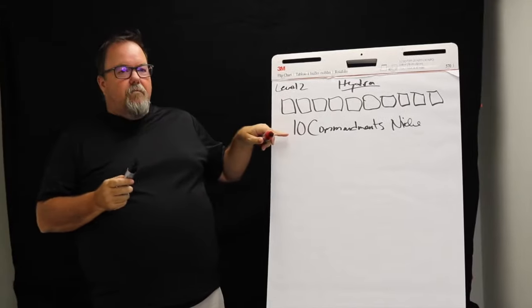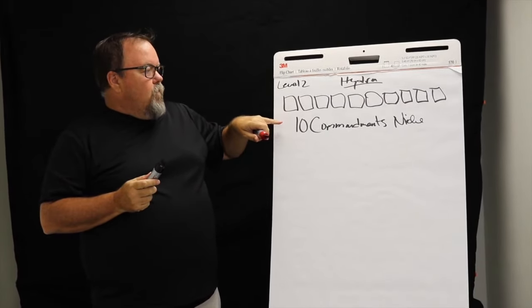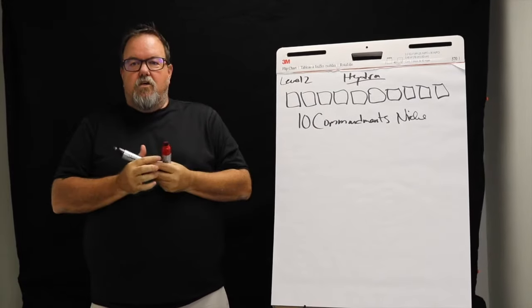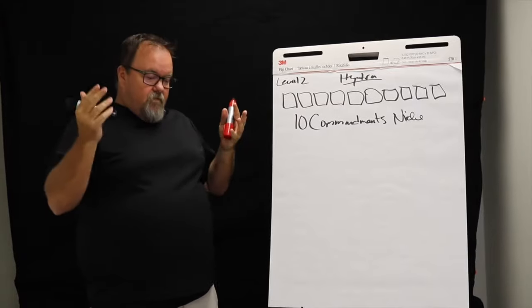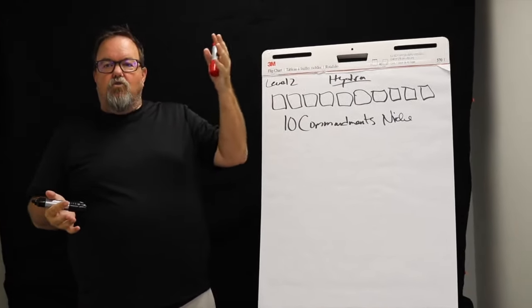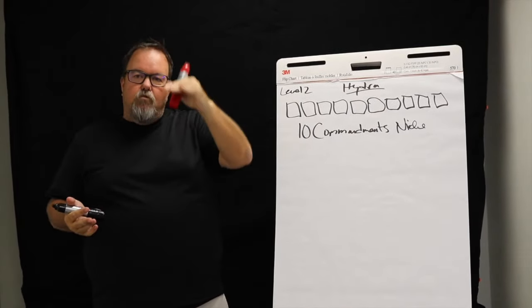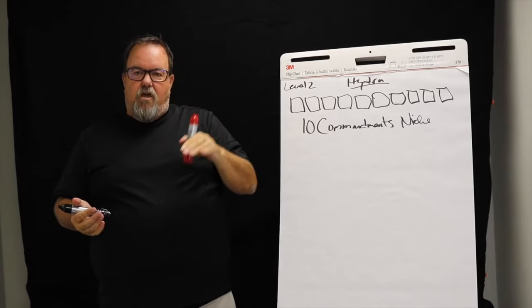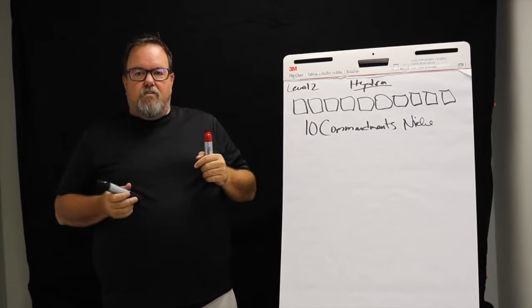So the 10 commandments of the niche are your beliefs. Like, one of my beliefs is don't run conversion offers to top of funnel people, to cold traffic. You need to run top of funnel to cold traffic and then move them through the process, right? That's kind of my belief system on this.